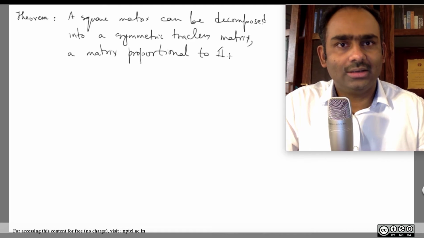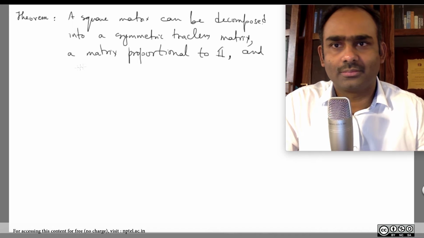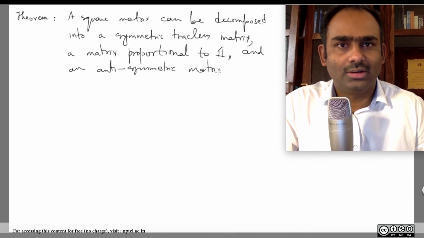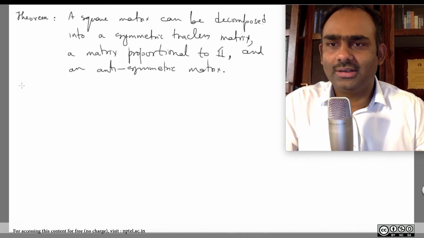And then an anti-symmetric piece. Anti-symmetric. Okay, the proof is almost trivial.